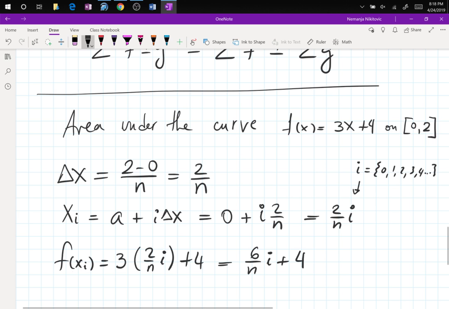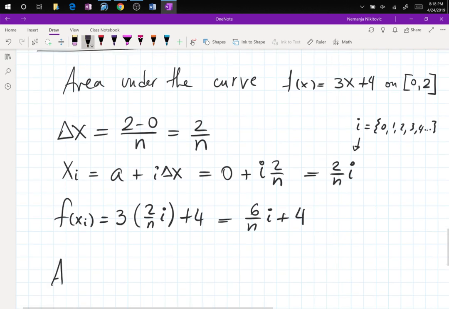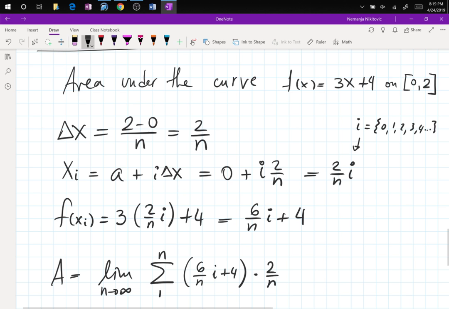Finally, I have all building blocks so that I can plug them into the area formula. Limit n goes to infinity, summation 1 to n, and here I have my function, which is 6 over n i plus 4, times delta x, which is 2 over n.